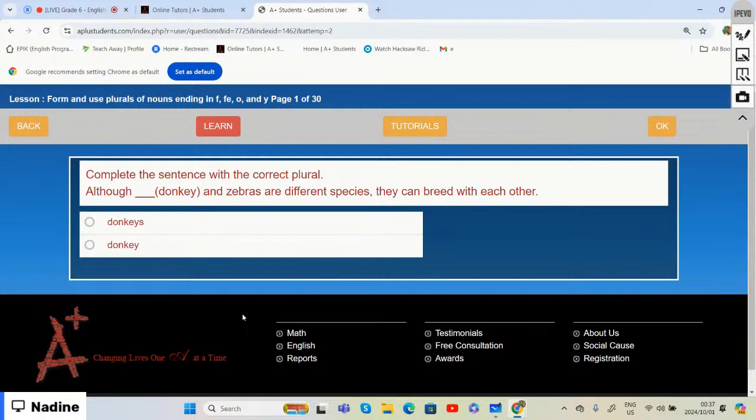Which one is correct, to show there's more than one donkey?